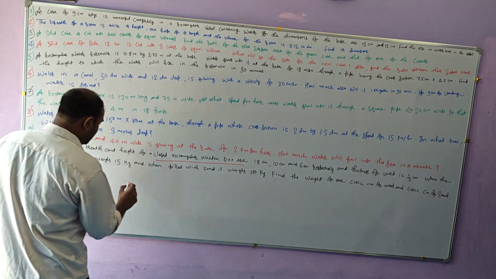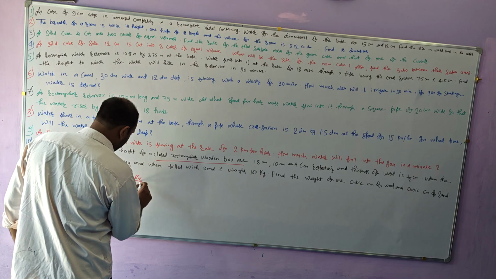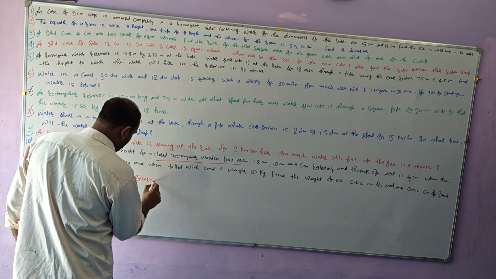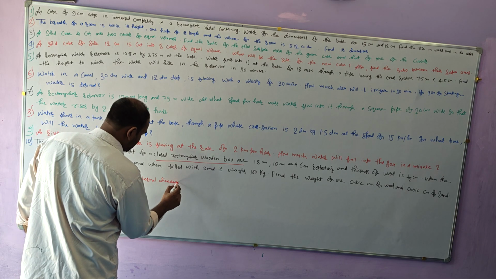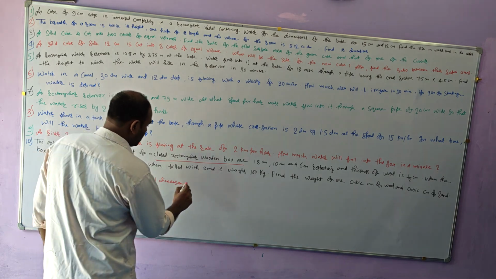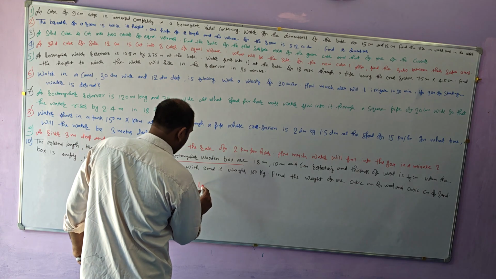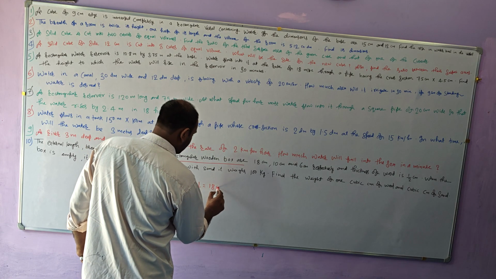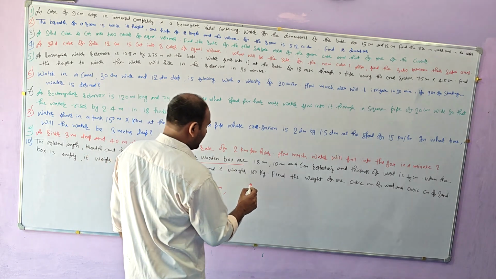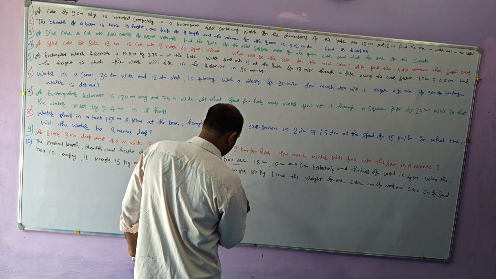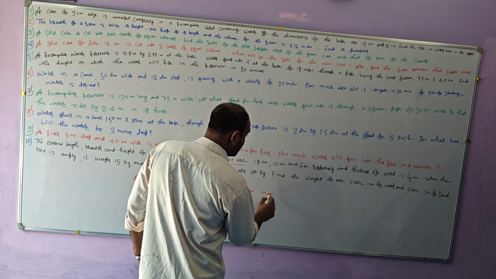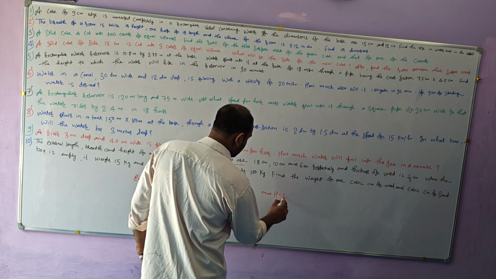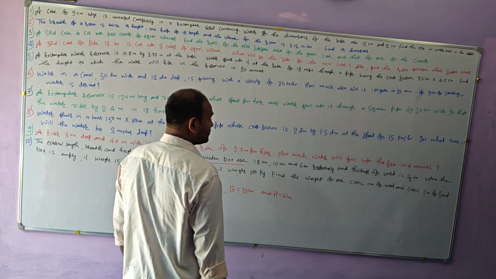And they have external dimension. So external dimension: L is equal to 18 centimeter, B is equal to 10 centimeter, and H is equal to 6 centimeter.